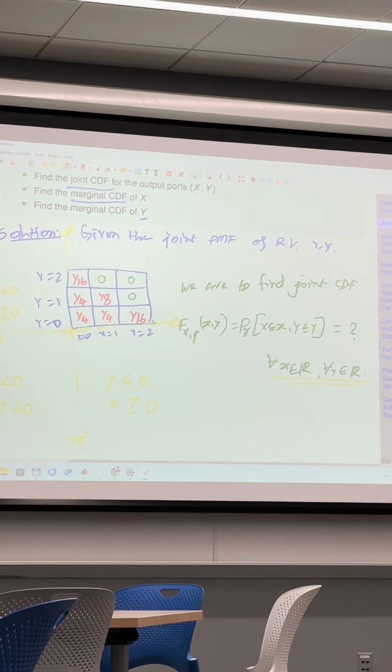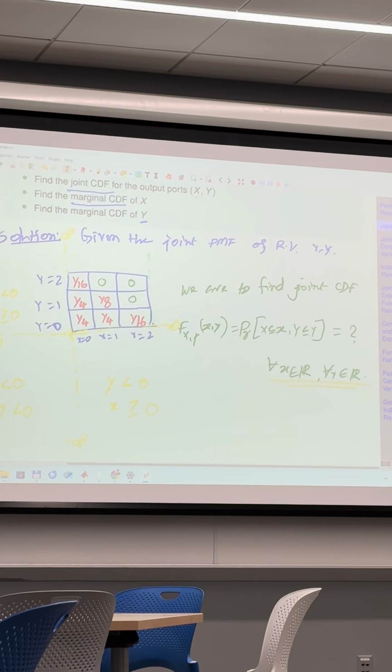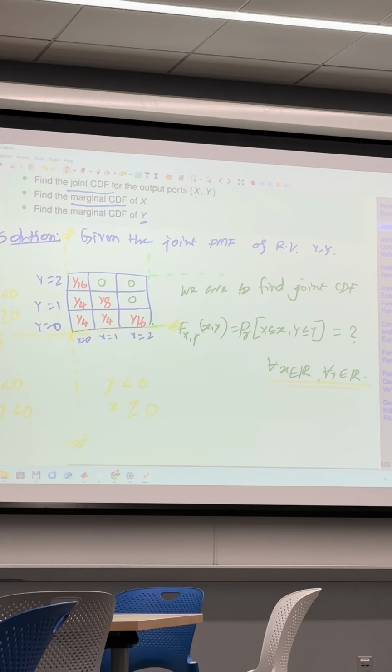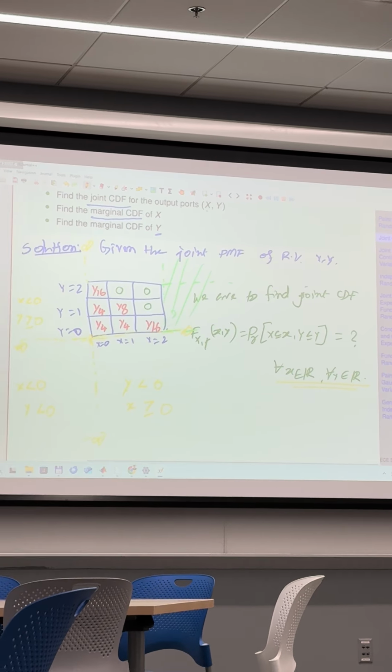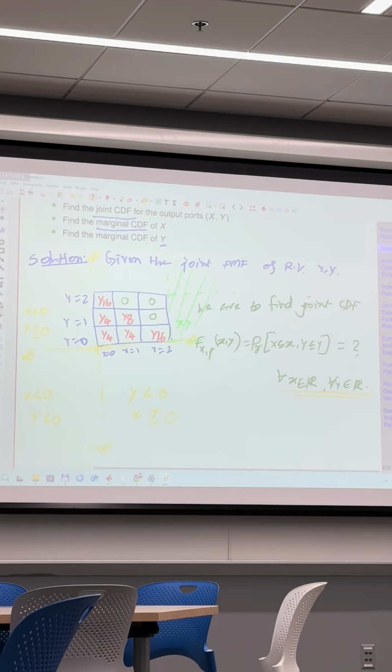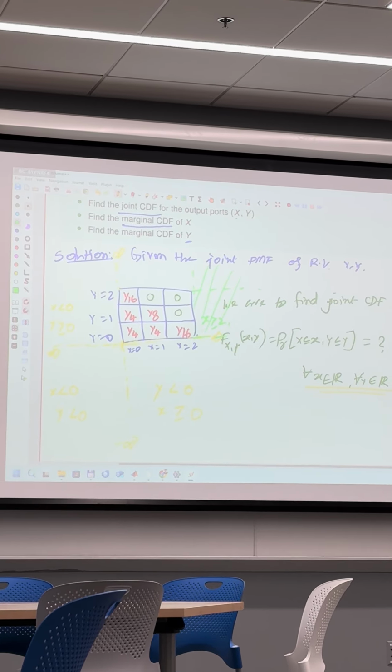Now, this region is important. So this region is x greater than or equals, y can take any value.